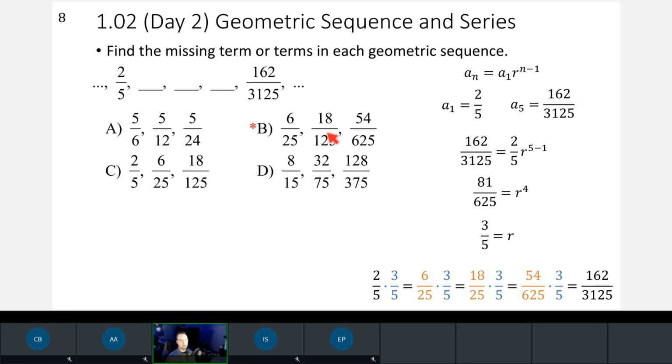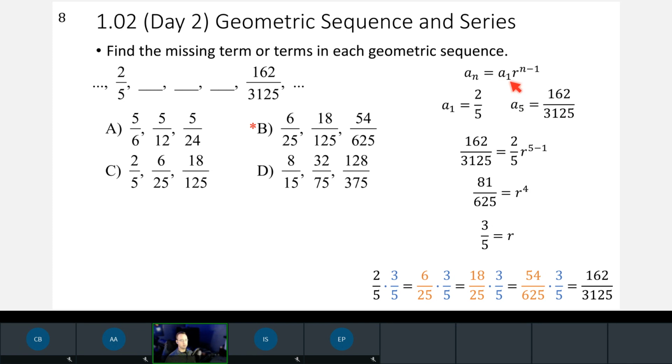But anyway, mathematically, what we can do is actually figure out the common ratio. So we use the geometric A sub n formula. We plug in A sub 1 is 2 over 5, so I have that here. And then A sub 5 is this number here.